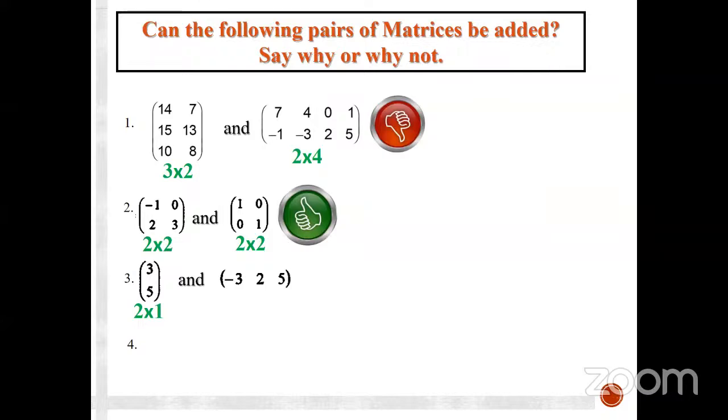Remember, we're talking about the number of rows multiplied by the number of columns. In this case, 3 is in a row by itself and 5 is in a row by itself. So we could see that there are 2 rows, but 3 and 5 vertically forms just 1 column. So the order in this case is going to be a 2 by 1. All right, I hope that helps you.